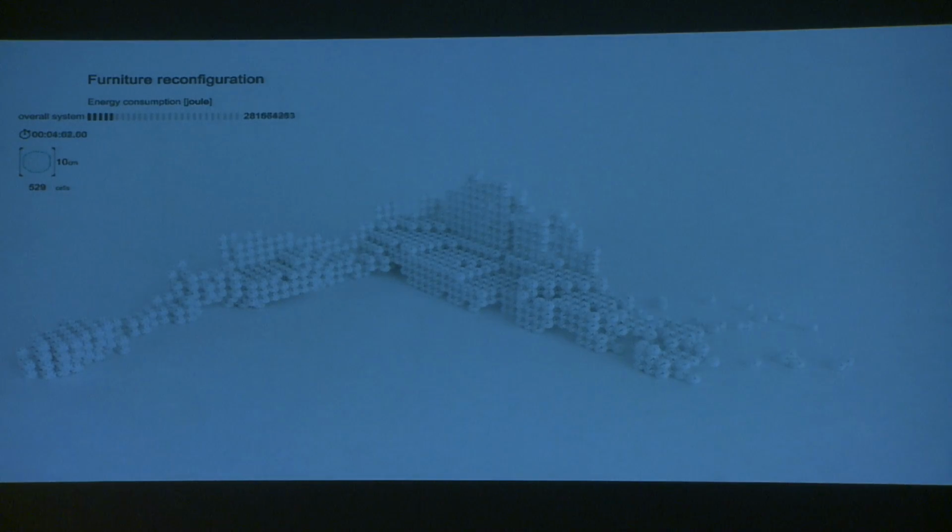And here you can see how these cells come into position in order to create some configurations like urban furniture. And how the same configuration disassembles and the same number of particles can make space for more people.